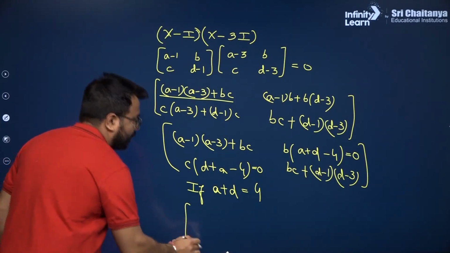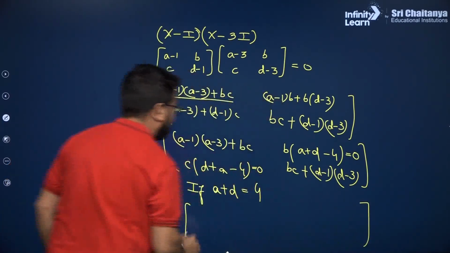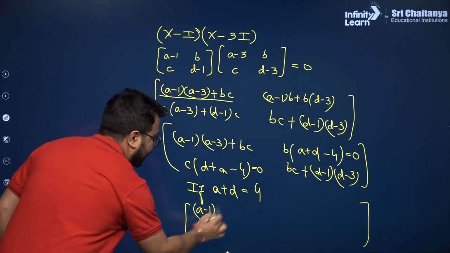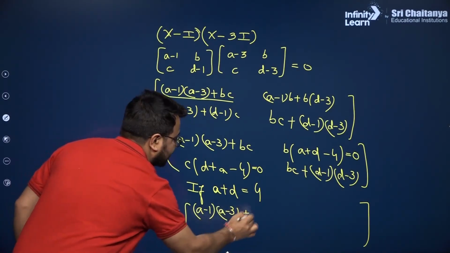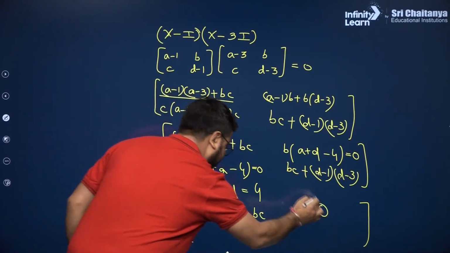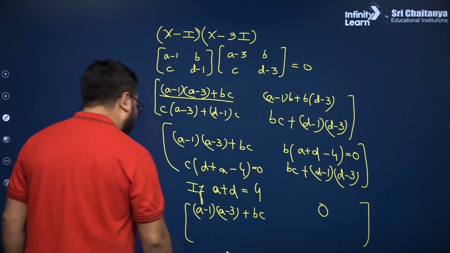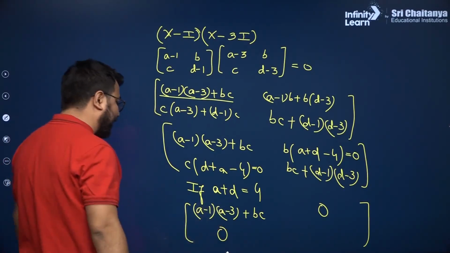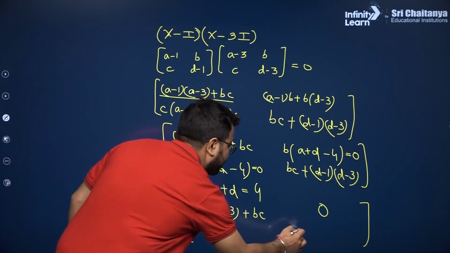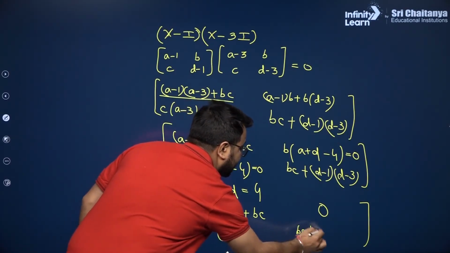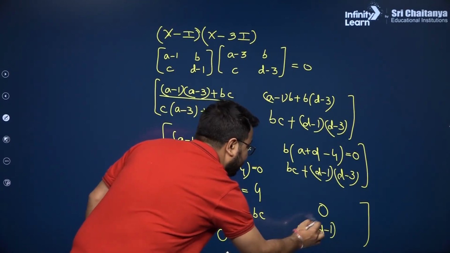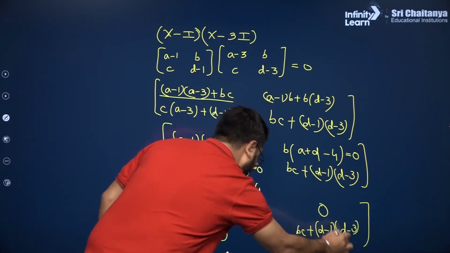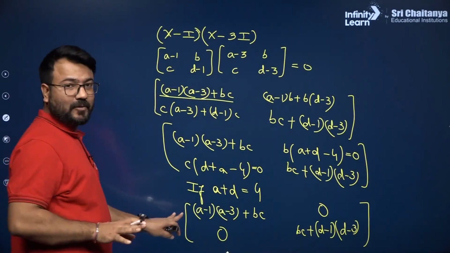Okay, so we are writing here A minus 1, A minus 3 plus BC, and here it is 0. 0 will be here also, and here we can write BC plus D minus 1 and D minus 3.